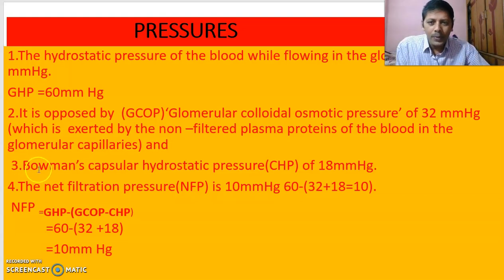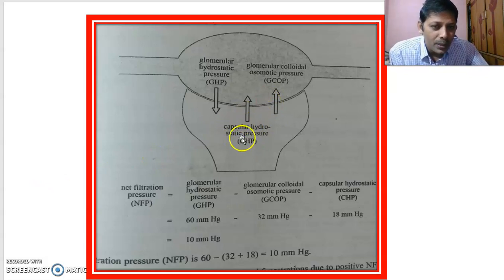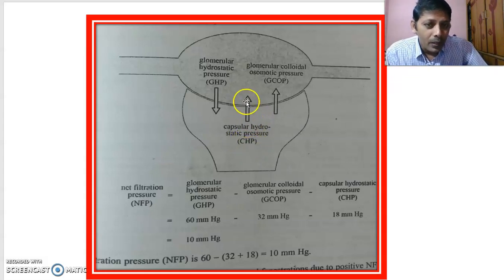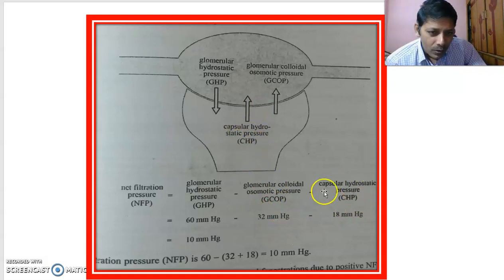Now the third pressure, Bowman's capsular hydrostatic pressure, BCHP, or capsular hydrostatic pressure, CHP. It is also opposing this pressure. This one is downward, that one is upward. Its value is 18 mmHg.